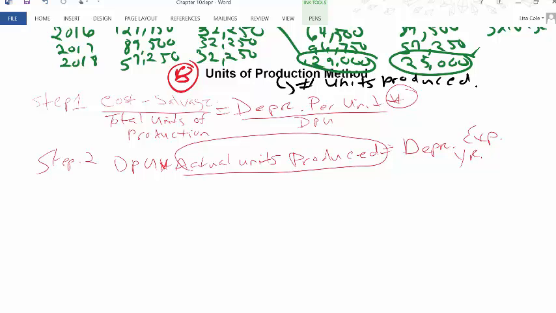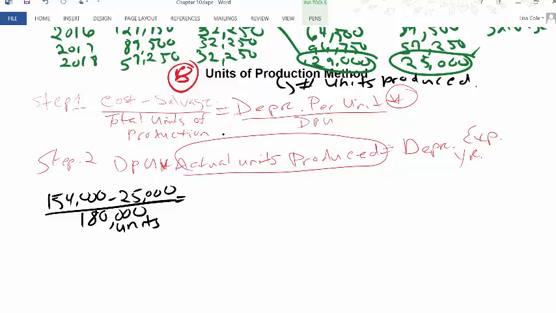Okay, so let's take my same problem that I had where we had an asset that cost us $154,000 and we had a $25,000 salvage value. But this time, let's say that I anticipate for the life of this asset that it's going to produce 180,000 units. And when I do that division, I get 0.72. So that's my depreciation per unit.